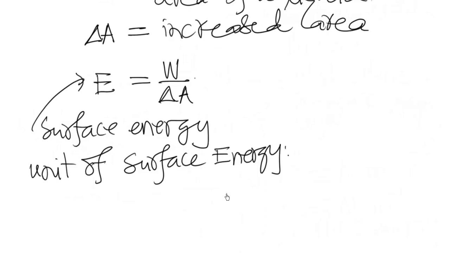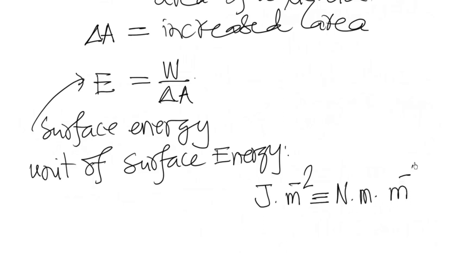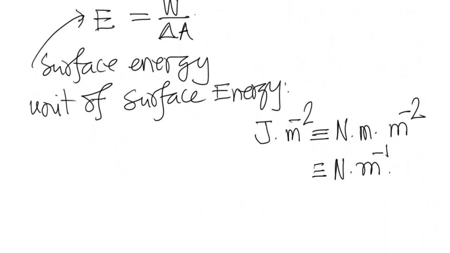The unit of work is joule, and the area is meter square, so it is joule per meter square, which is equivalent to Newton meter per meter square, which is equal to Newton per meter. Now we see that the unit of surface energy of a liquid is the same as the unit of surface tension of the liquid.